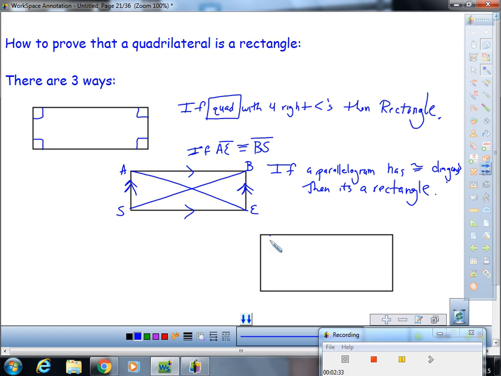And then the other way is, if it's a parallelogram with 1 right angle, if P-gram has 1 right angle, then rectangle.